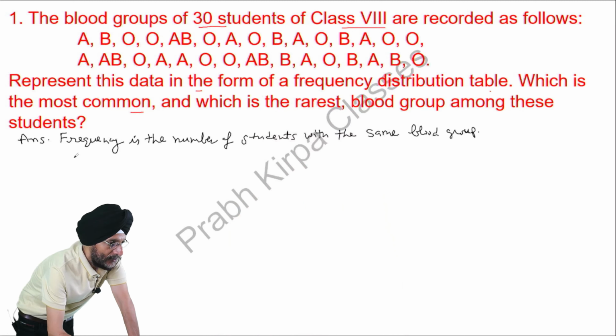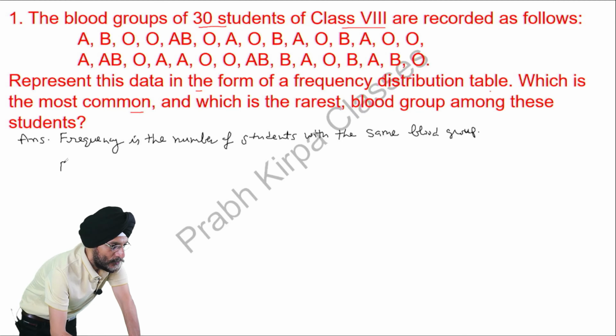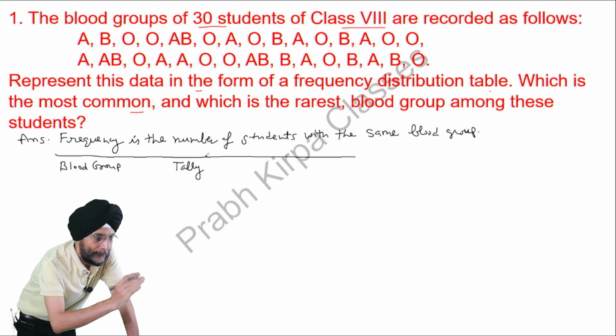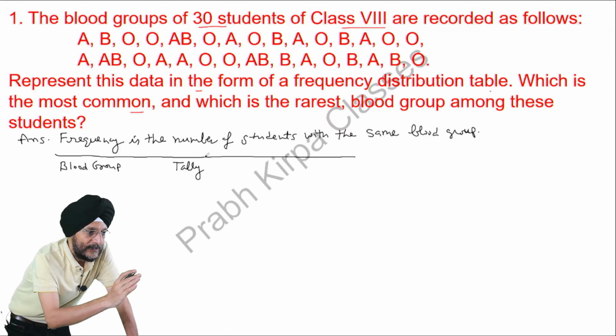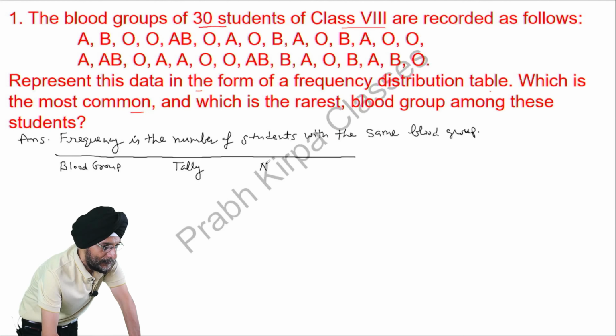Now, these are the blood groups: A, B, O, and AB. These are the 4 blood groups. So we will form the table here. The title will be blood group, then tally, that is the number of times a blood group is found in the students. Then the number of students, which is also known as frequency.